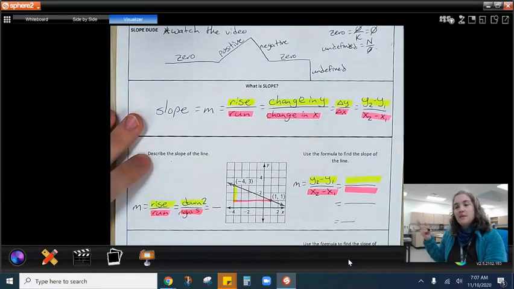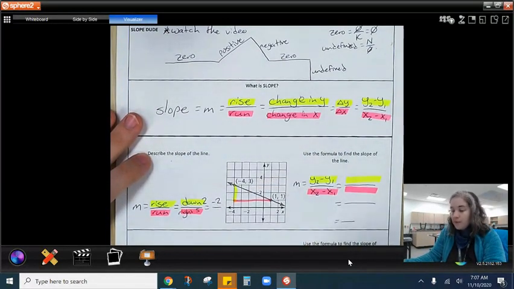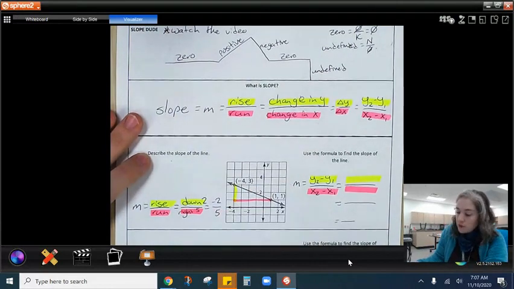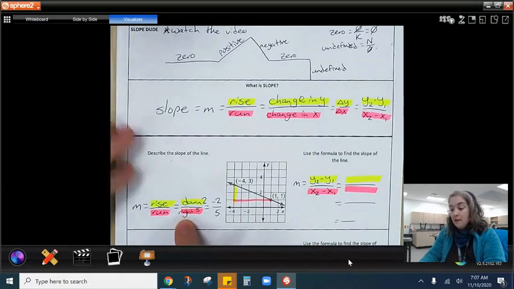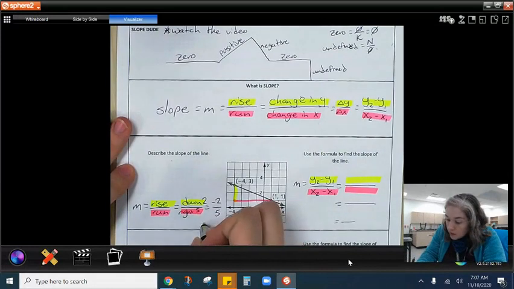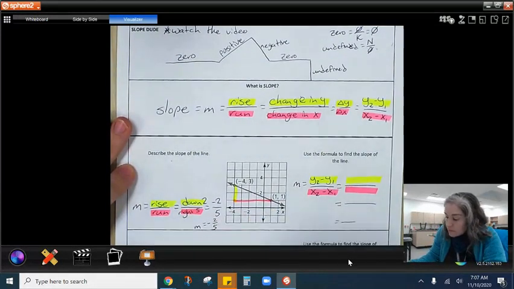Well, down, is down positive or negative? I'm moving in the negative direction. And then right, is right positive or negative? It's the positive direction. So that means, according to my describing, it's negative 2/5. So I could rewrite that as negative 2/5.